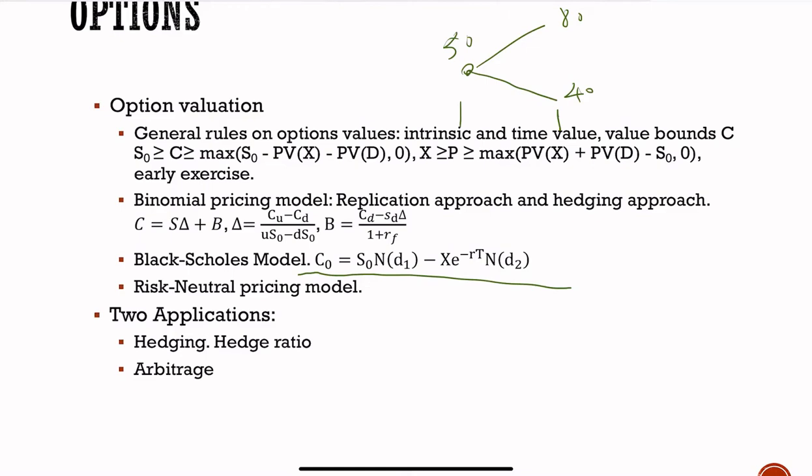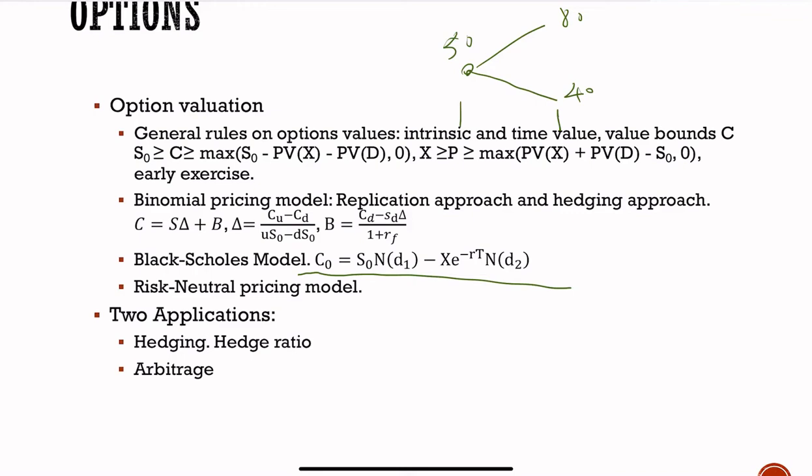To be more specific, in how to apply this model, you'll first use the share prices to solve the risk-neutral probabilities. And then you will use the risk-neutral probabilities to calculate the expected return of the call option. And then you will discount this expected return with a risk-free rate. This will give you the price of the call. Again, please read the lecture note.